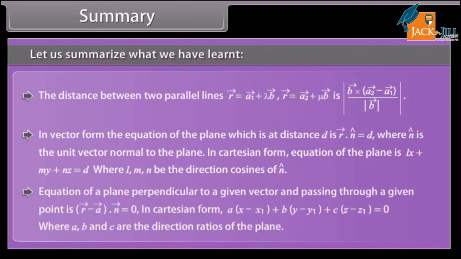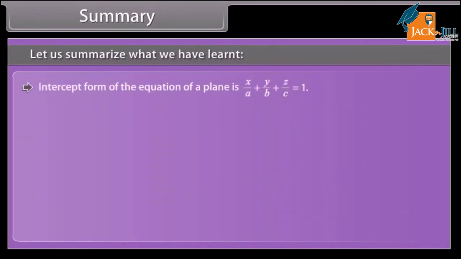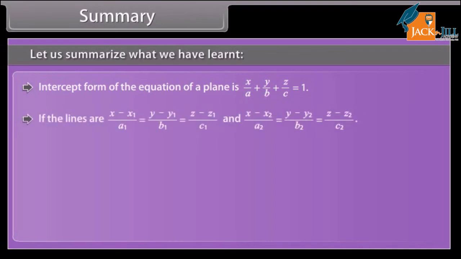Equation of a plane perpendicular to a given vector and passing through a given point is, in Cartesian form, given, where A, B, and C are the direction ratios of the plane. Intercept form of the equation of a plane is given.